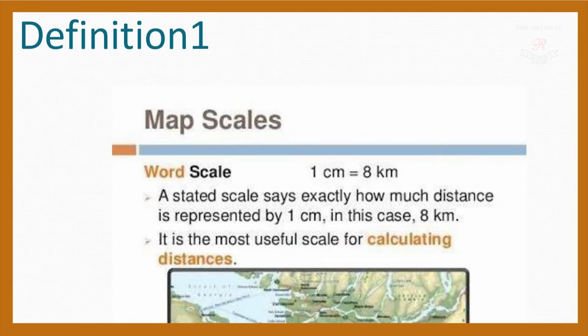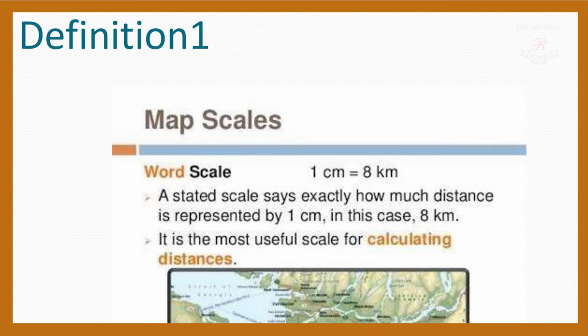Now first is the word scale, that means 1 centimeter equals 8 kilometers. The point that we have to note is that a stated scale says exactly how much distance is represented by 1 centimeter.